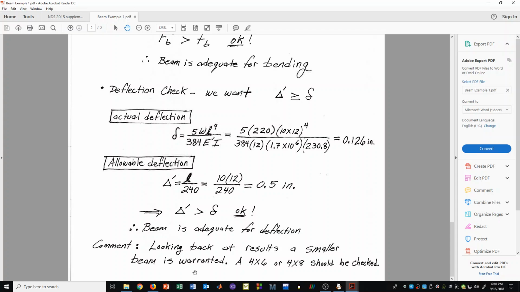Since that is so very common, it would be nice to have a streamlined method for doing that. For more challenging problems, sometimes what we have illustrated here is really the way to go. So don't ever lose sight of the fact that using the allowable stress design equations is always applicable.